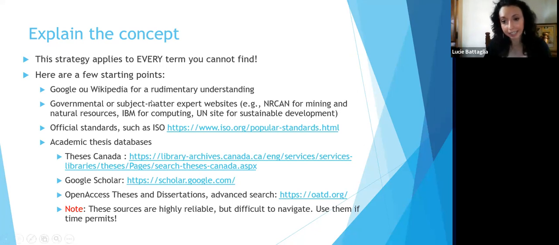In IT, you have IBM, you have the Microsoft site that can be a good reference. Also, I work a lot with sustainable development, so the UN website helped me find some good terminology. Also, you have official standards, like the ISO standards, if you're translating more technical stuff for building engineering, for instance. That can help you quite a bit.